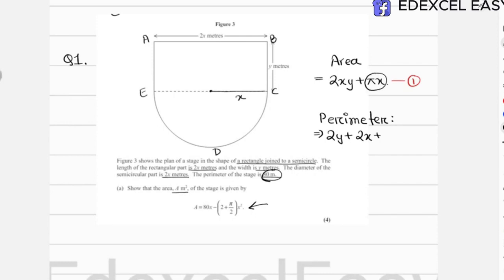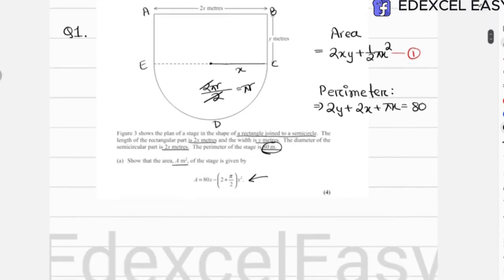We were trying to find the area over here, right? Sorry, I forgot. Over here it's going to be half pi r square, so in this case we're going to get half pi x square. For the circumference, the total circumference of a circle is 2 pi r. For half of that we have to divide this by 2, 2 gets cancelled out, you just get pi r for the circumference, which means now you can write pi x is equal to 80, because we already know the perimeter was equal to 80.